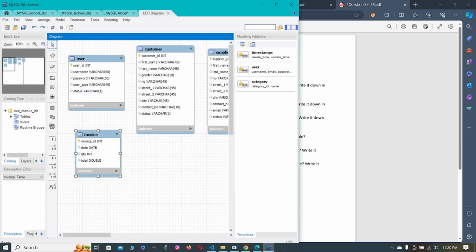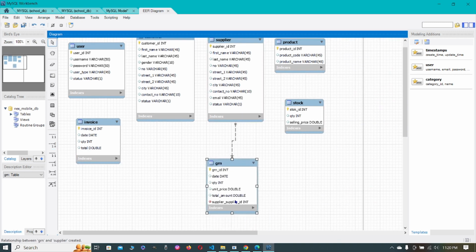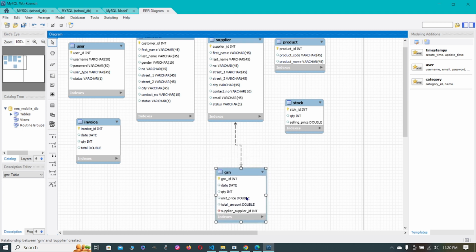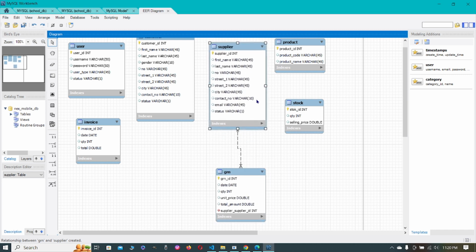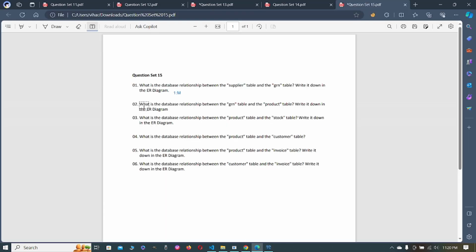Let's draw our relationship as well. Between our supplier table and GRN table, it should be a one-to-many relationship. As you can see, we click the many table first, then the one table. So that's our relationship for the first question.